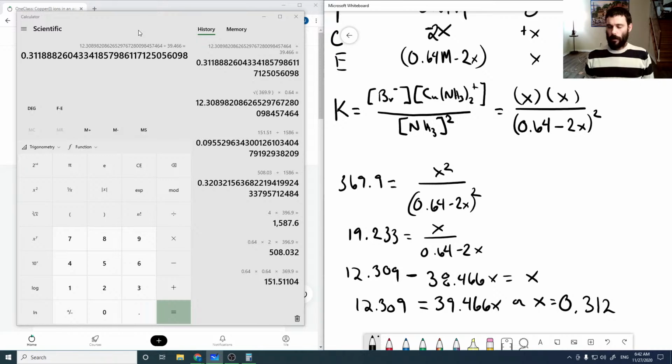Okay, so that means our concentrations are 0.312, and now I'm just going to reappend the unit molar. So that's our concentration X.